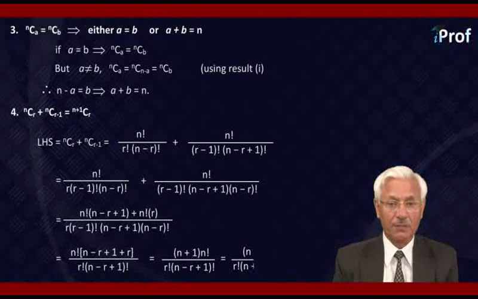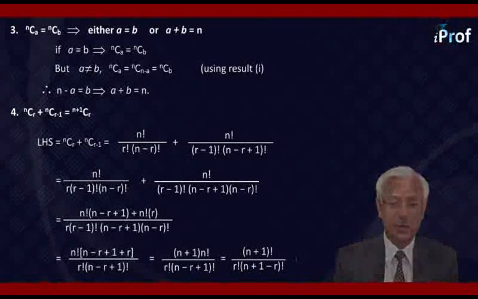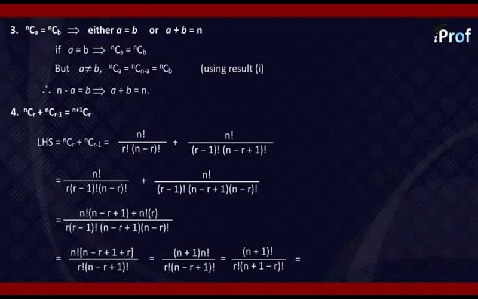The numerator becomes n factorial times n plus 1, and in the denominator we get r factorial into n minus r plus 1 factorial. But the numerator can be replaced by n plus 1 factorial, which is equal to (n plus 1)Cr. That is the value we have on the right hand side. That proves the result.